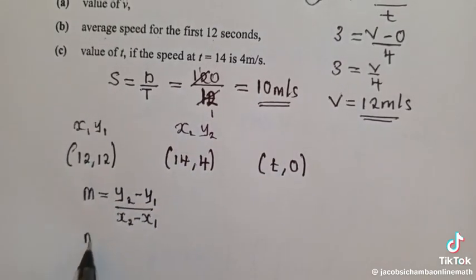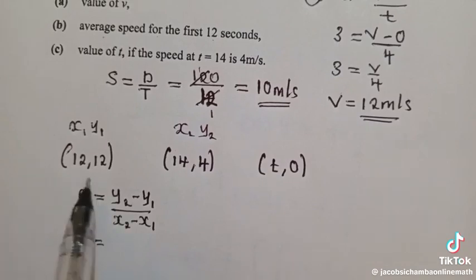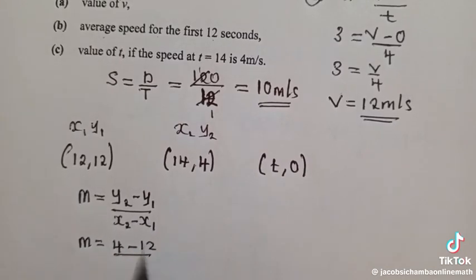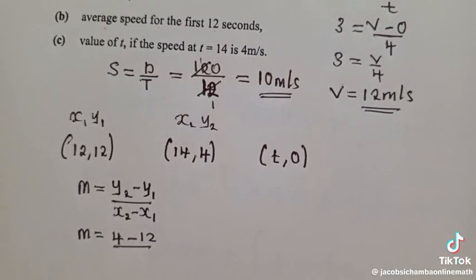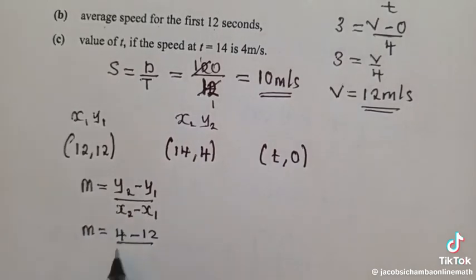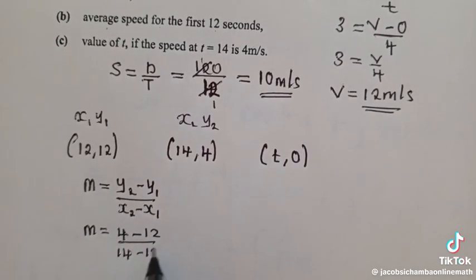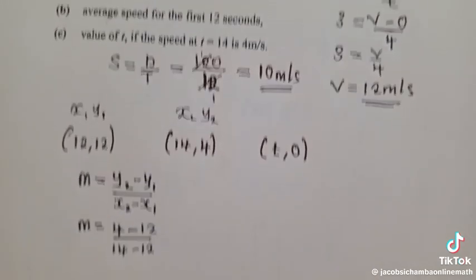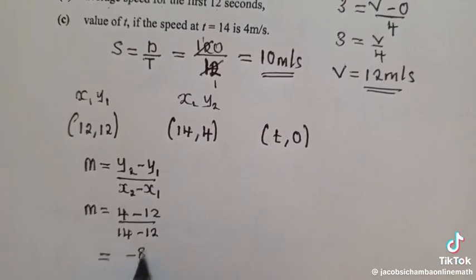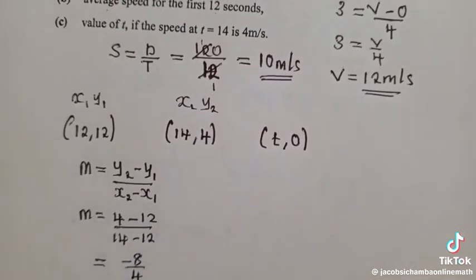We're going to find our m to be equal to, what is our x2? It's 4 minus x1, which is 12, over our x2, which is 14, minus 12. Okay, so when we work out here, what are we getting? We're getting negative 8 over 4, if I'm not mistaken.